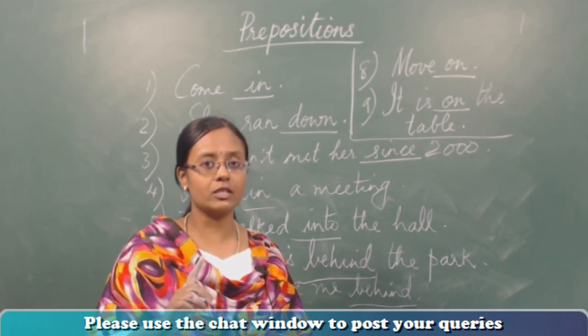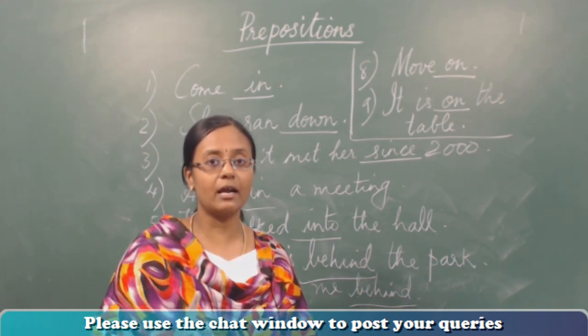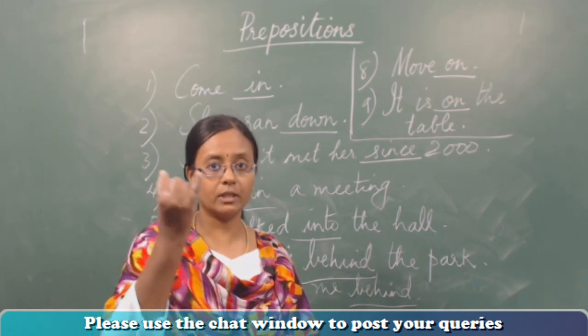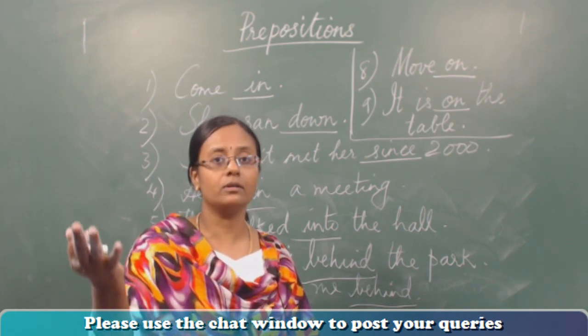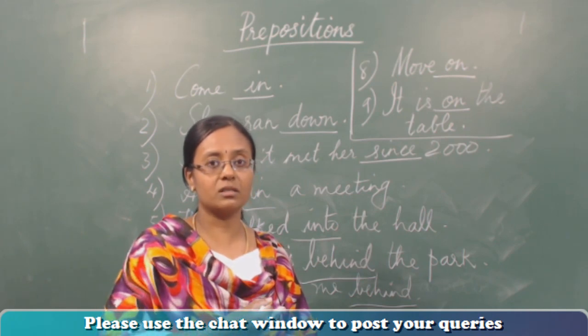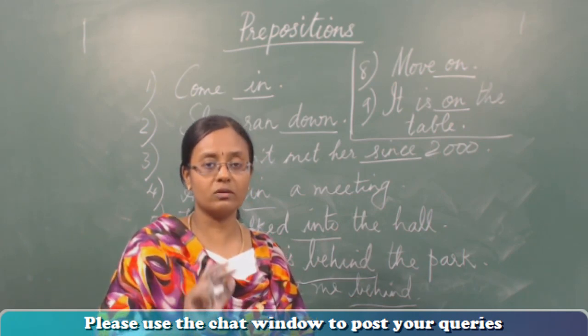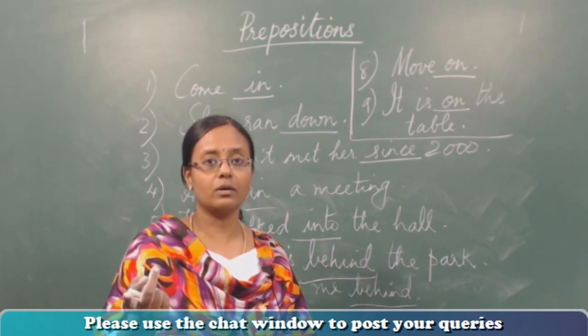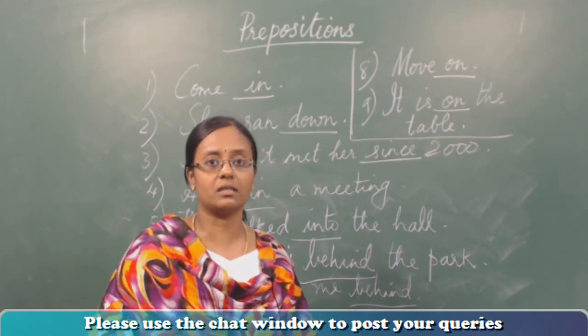We already did a session on adverbs. What does an adverb do? It adds more meaning to a verb, an adjective or another adverb. And what does a preposition do? It shows the relationship between a noun or a pronoun and any other word in a sentence.